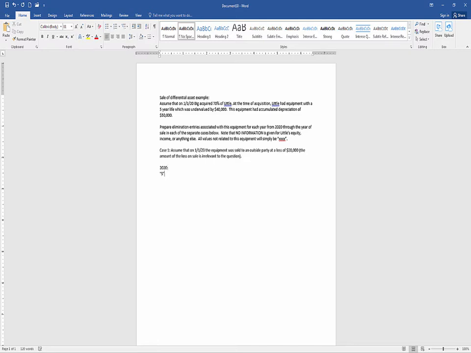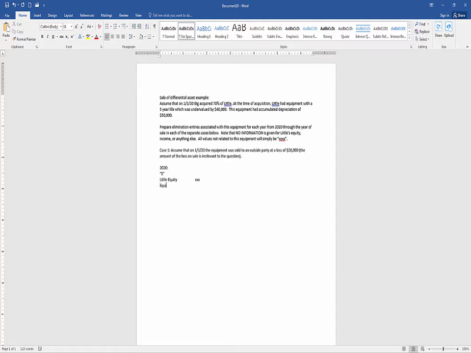Again, we start with our S entry. I don't have any values for anything other than the equipment, so I'll simply write Little equity. Again, that will be common stock, retained earnings, and all those other things. Now the equipment is undervalued by $40,000. There are 2 ways we could do this with the separate accumulated depreciation account.